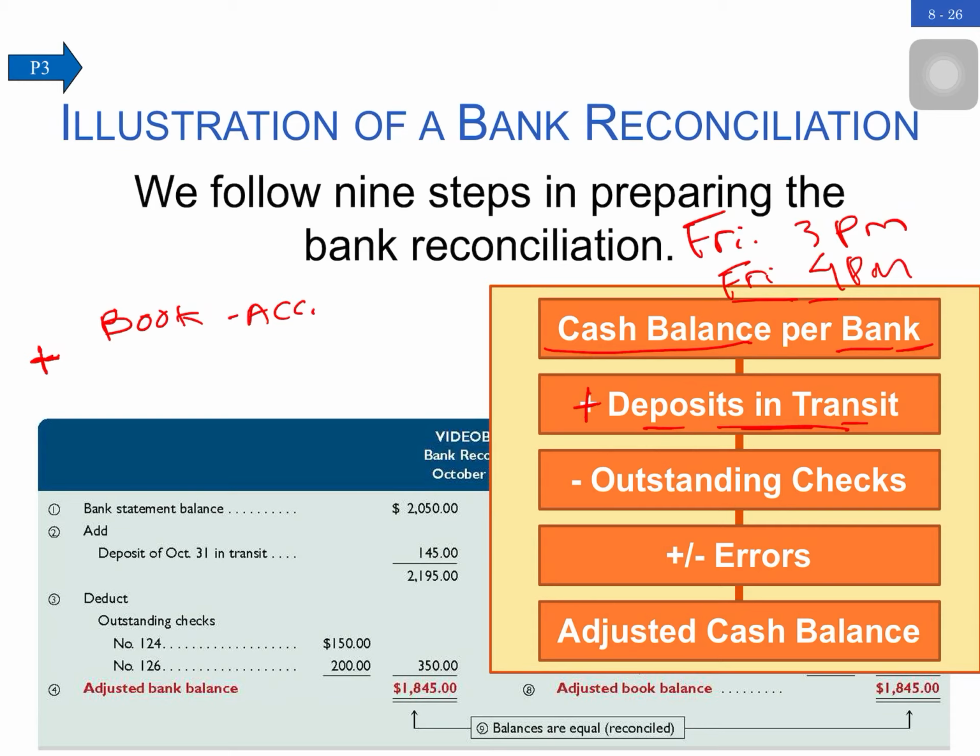And next, minus outstanding checks. For example, you issue checks to pay your supplier now, and you give the check to your supplier.